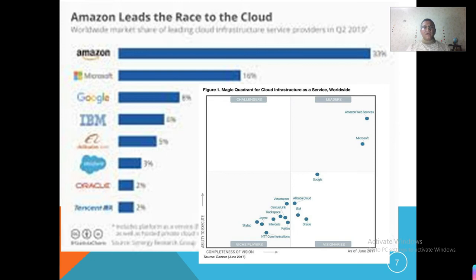Then we have Azure from Microsoft, and from Google we have Google Cloud Platform. These are the three leading players in the market who are capturing almost 50-60% of the market, and the remaining are others like IBM, Oracle, and Salesforce. At the top, 35-40% of the market is captured by Amazon alone. So Amazon is very far ahead of all the competitors.